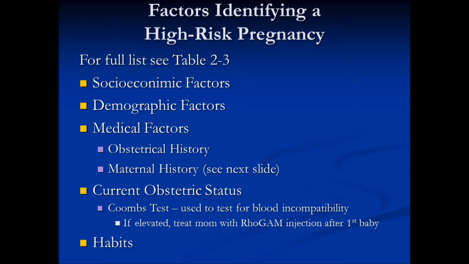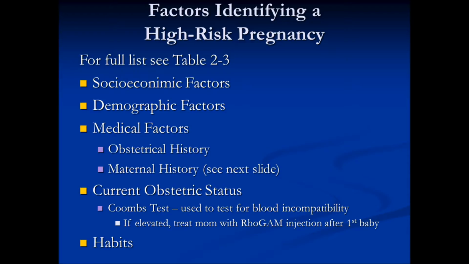Maternal medical history, as I mentioned, we're going to go into that a little more in depth on the next slide. But that is a list of the things that, once mom does get pregnant, are issues that can affect the fetus while they are growing and developing. Okay. And then current obstetric status, like what's going on with mom while she is currently being seen today.